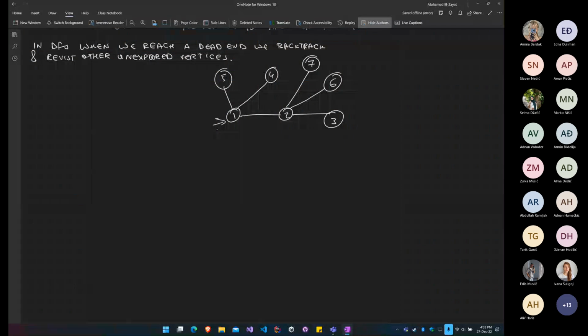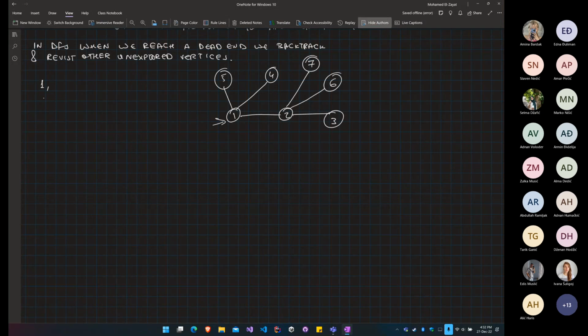Okay, so with 1, I will just simply say, okay, 1. What are the adjacent vertices? You have like 2, 4, and 5. I could actually pick up 2, for example. Then I can say, give me one of the children of 2.